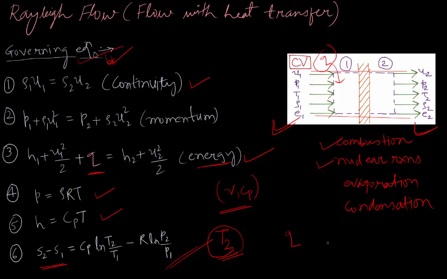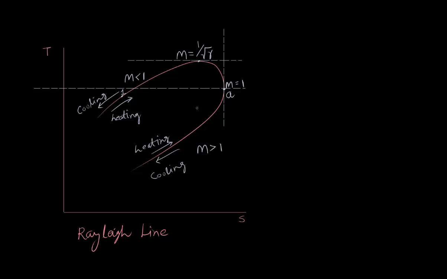And for each initial condition, we can assume different values of T2, and we can plot a TS diagram, which will be a curve, and we will call that curve Rayleigh line. This is Rayleigh line or Rayleigh curve.